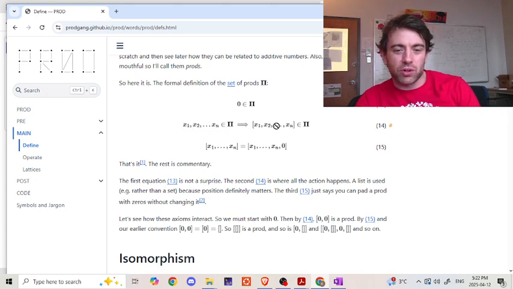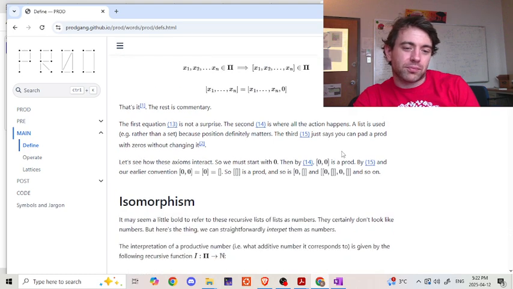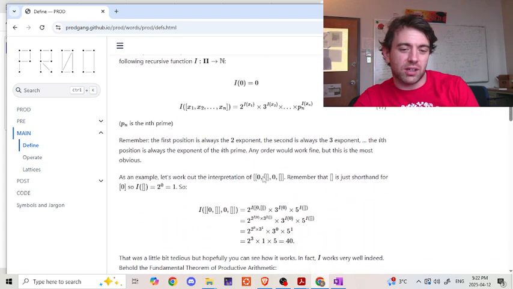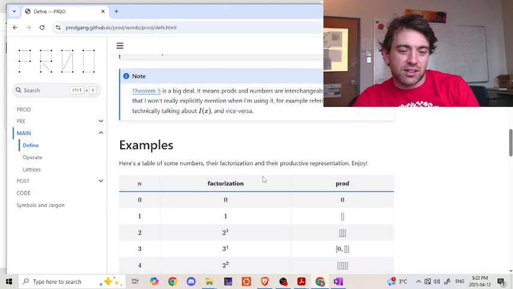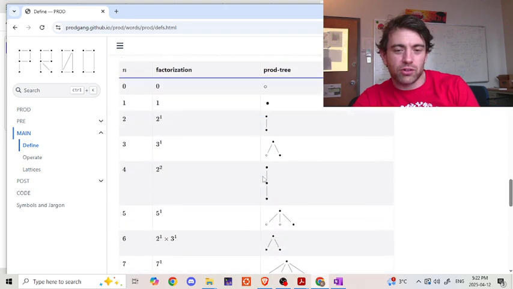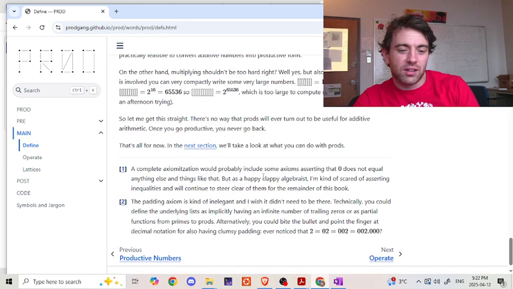There's this number, which is this block of stuff, and basically this is supposed to be like the integer whose x1 is the exponent of the first prime in the prime decomposition, x2 is the exponent of the next prime in the prime decomposition, and so on and so forth. They said that's it, the rest is commented. They got all these nice links and everything. I think probably this person knows they're not a crackpot, and this seems really fun.